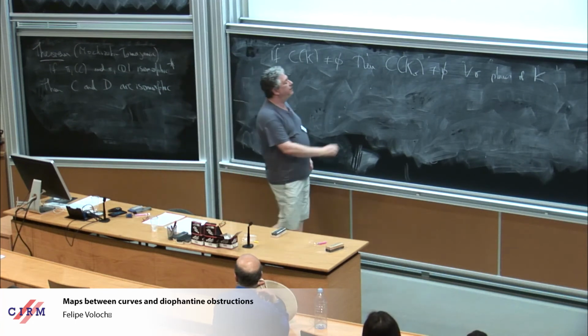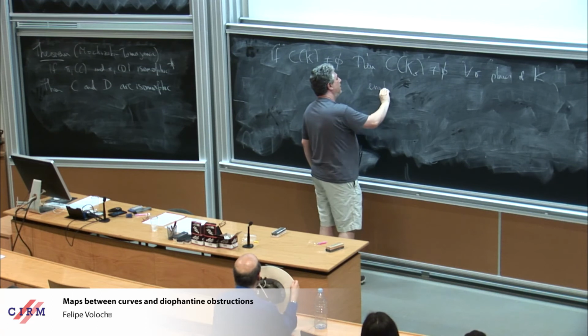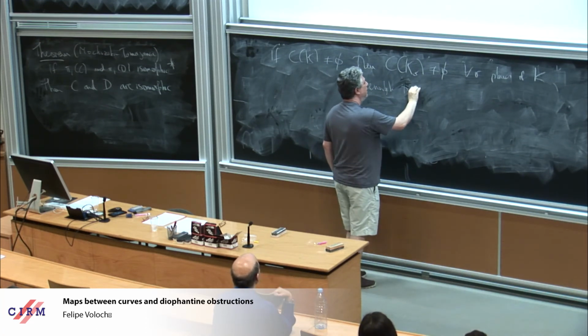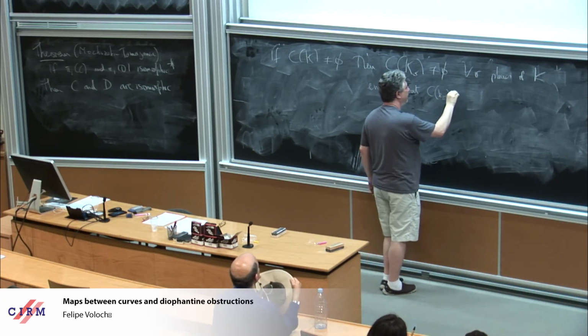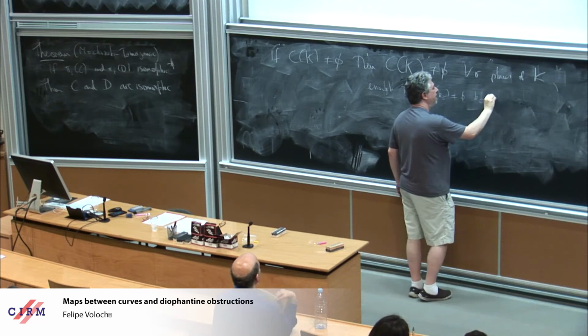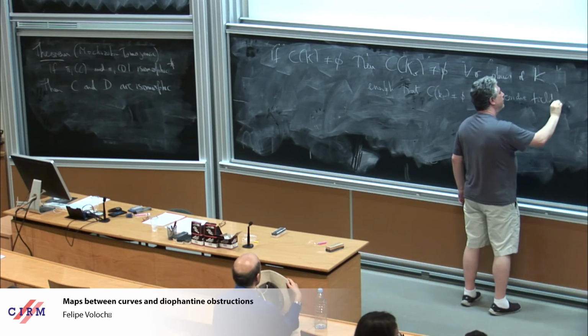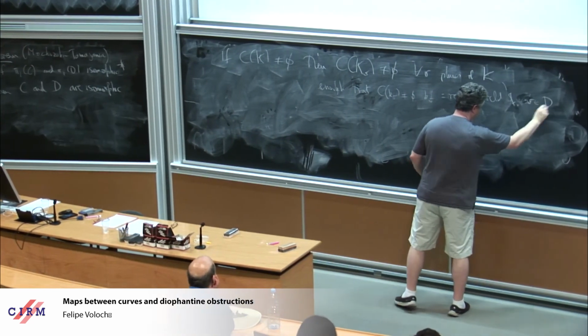For this to be non-empty, it is enough that C of little k_v is not empty, where k_v is the residue field of D at the place v.